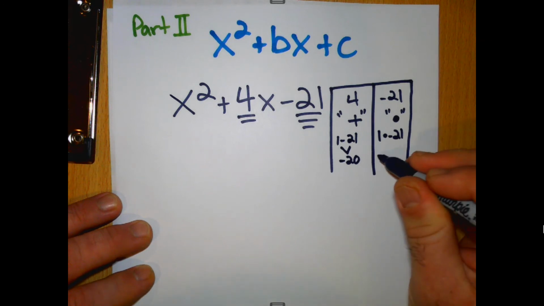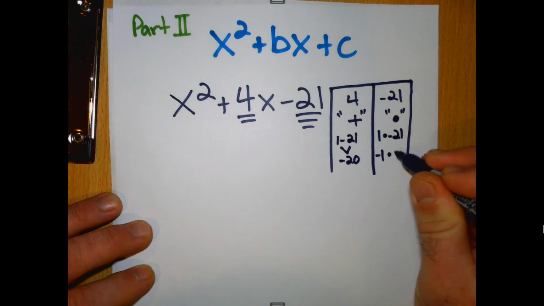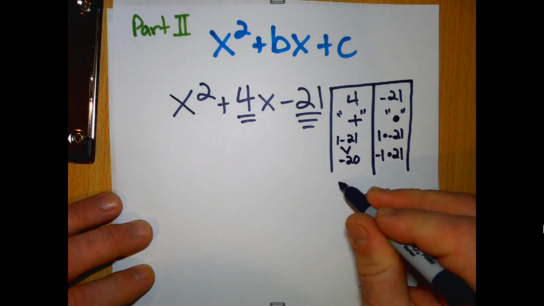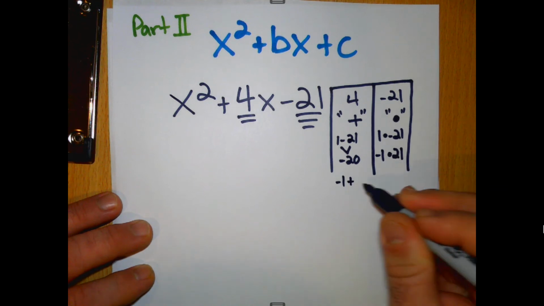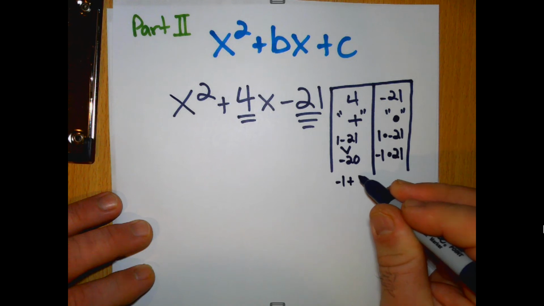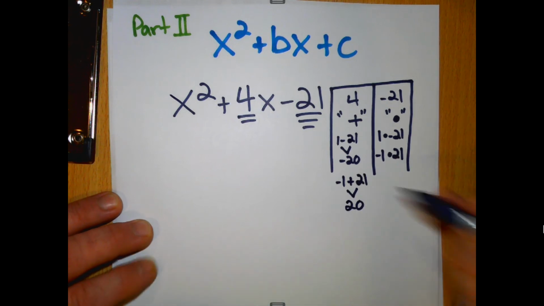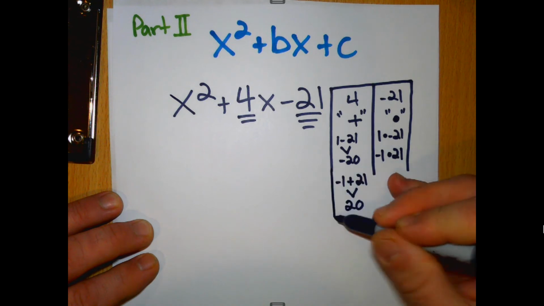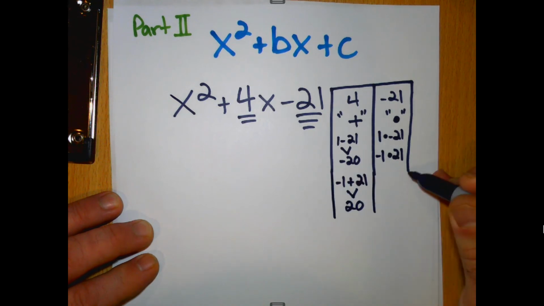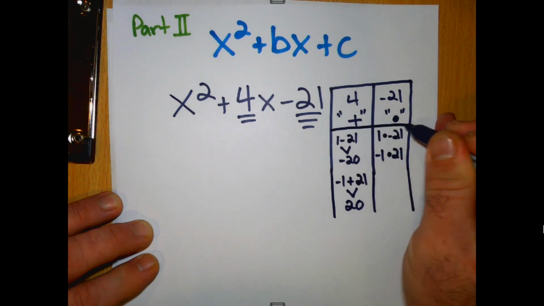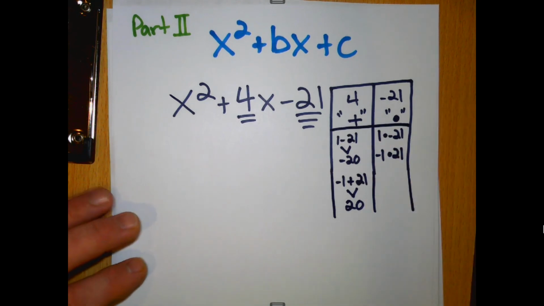You can say negative 1 times 21, and you're probably thinking, well, that's not going to be it either. Negative 1 times 21 is negative 21, but negative 1 plus 21 is just positive 20. There's not that many factors of 21 or negative 21, but we can try another one. Make our chart look nice. Okay, so that one didn't work, and that one didn't work.